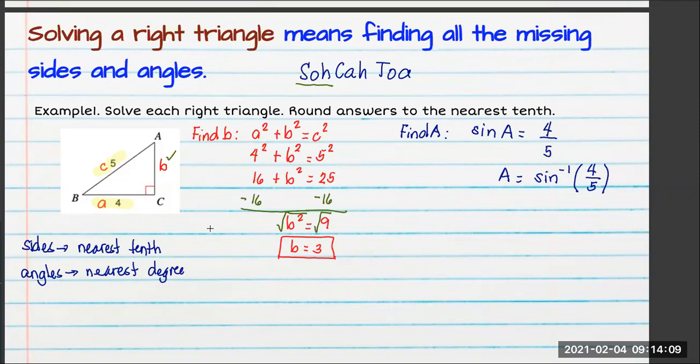So the sides would be nearest tenth and the angles would be the nearest degree. So what would you get here for A? Okay, so you get 53.1. Nearest degree, that would be 53 degrees. Any question?